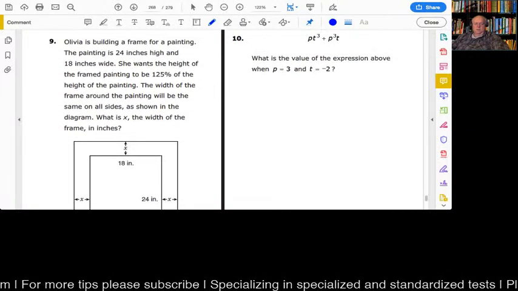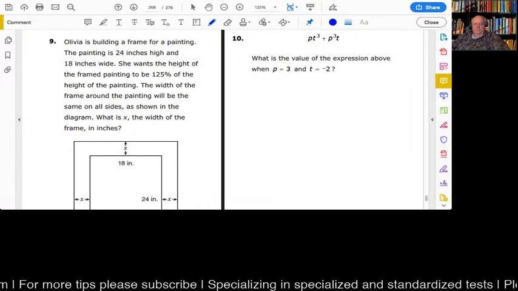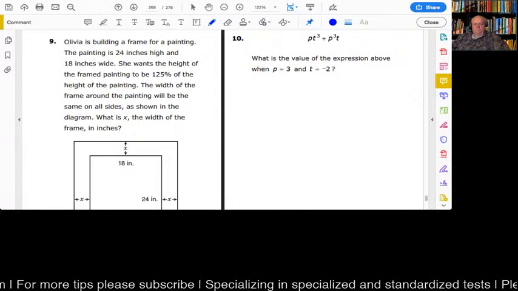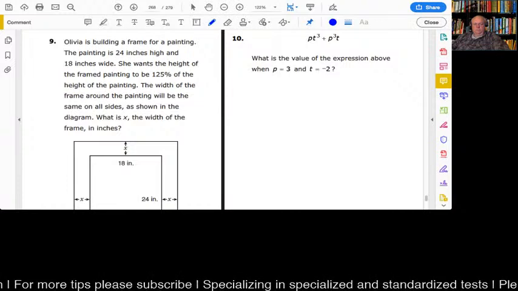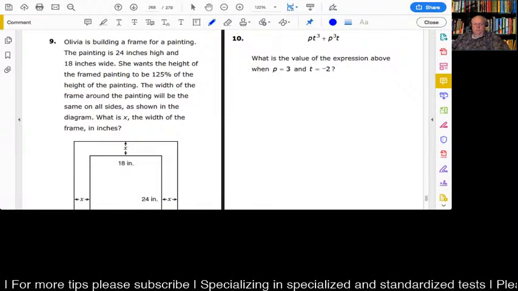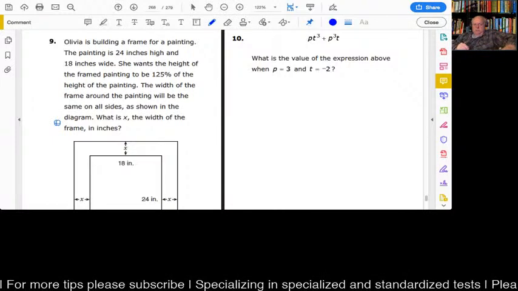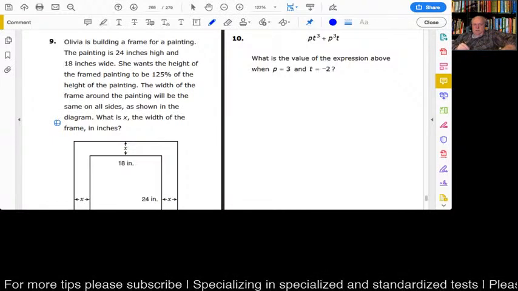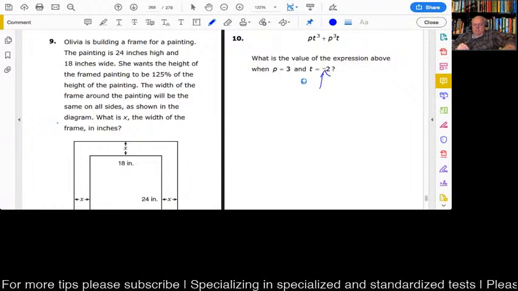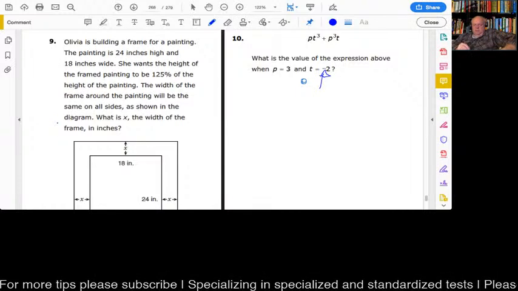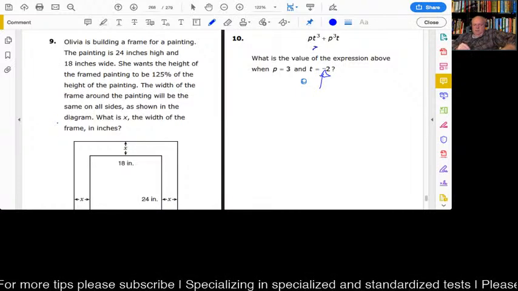So if you do number 10, this is just a substitution problem, and it's significant to note that minus sign right there. It's significant because we're taking t cubed.